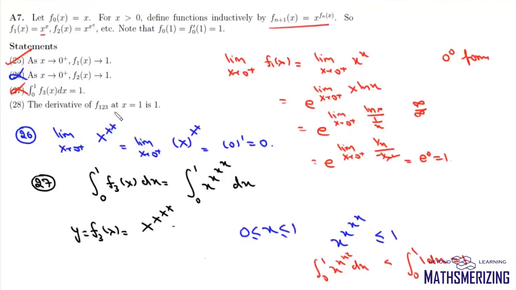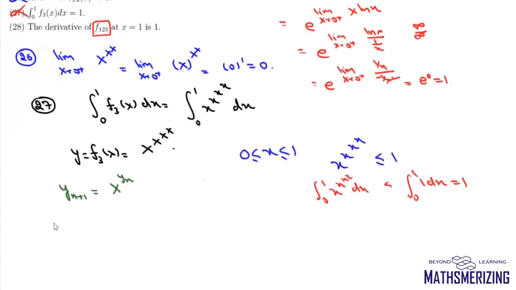Now the 28 is the derivative of f123 at x equals 1. Here we are given that fn plus 1 x equals x to the power fnx. So basically yn plus 1 is equal to x to the power yn, and if we take log and differentiate, we can write log yn plus 1 is yn log x.